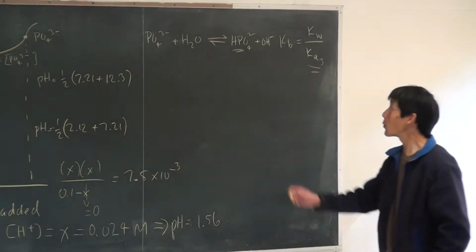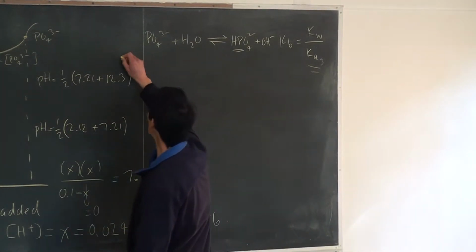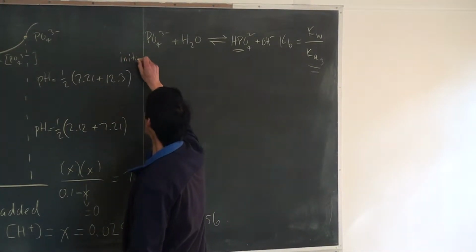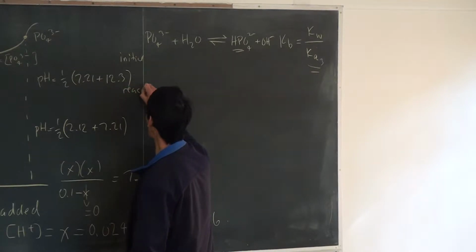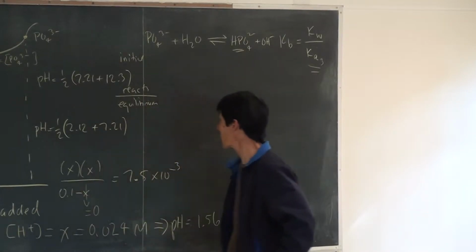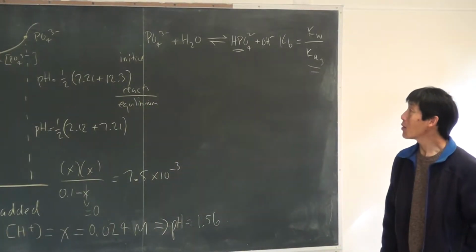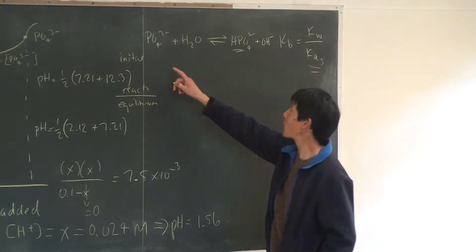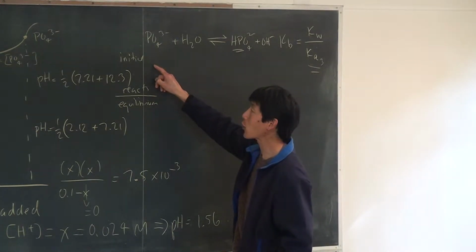Okay, so then once you get that, we'll do what we did before. So when you do the initial amount, the amount that reacts, amount at equilibrium. So before we do that, what's going to be the concentration of PO4 3 minus at the third endpoint?